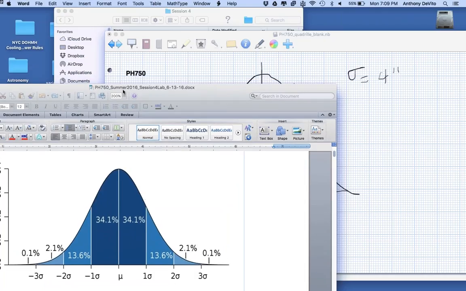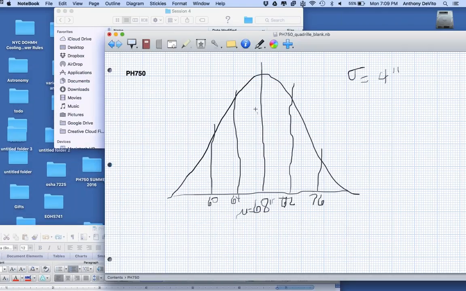I'm going to just round it off to 68%. 68% of the population is between 64 inches tall and 72 inches tall, right? If it's symmetrical, the area between the mean and one standard deviation below is equal to the area between the mean and one standard deviation above. So both of these are 34%.